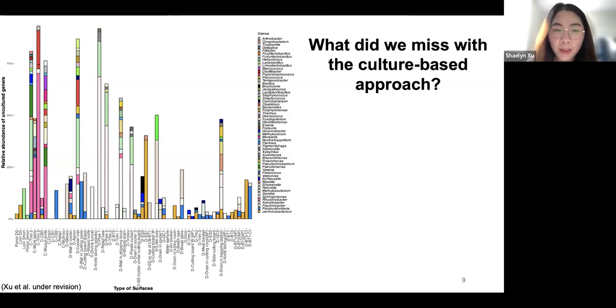Overall, from this figure, you can see over 2/3 of the microbial communities have been fully recovered by the culture-based approach. However, there were 6 samples, which have very tall stacked bars, with less than 25% of the microbial taxonomy recovered by the culture-based approach.